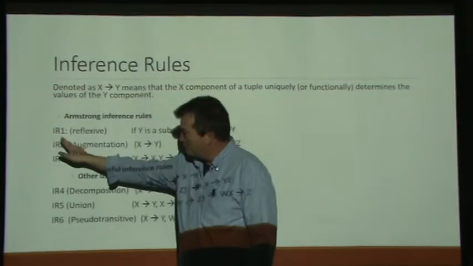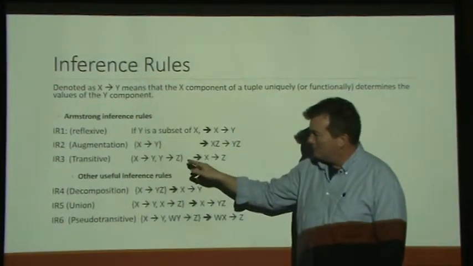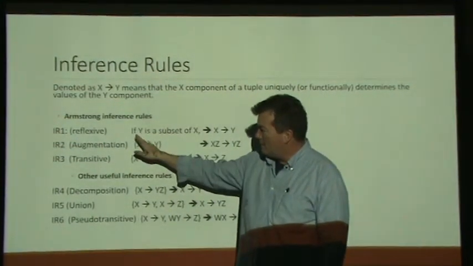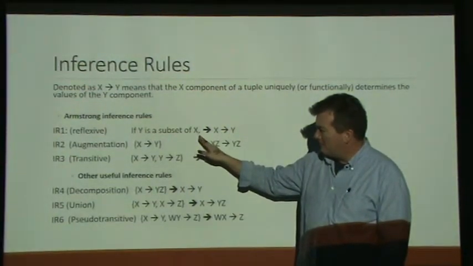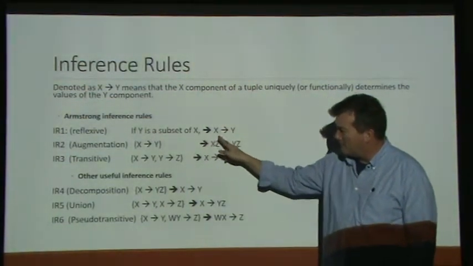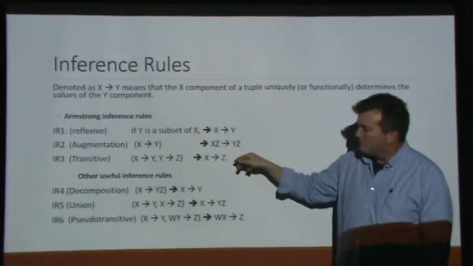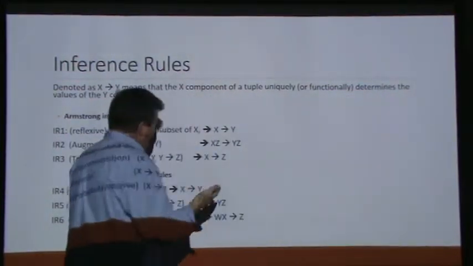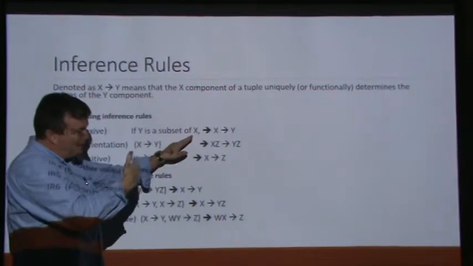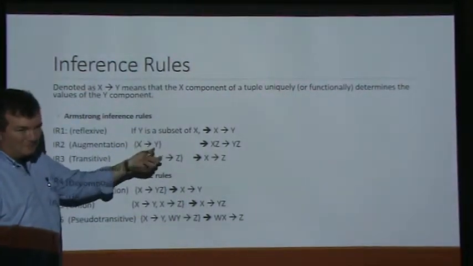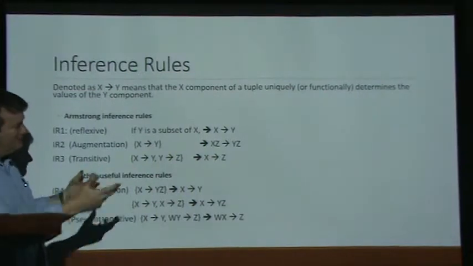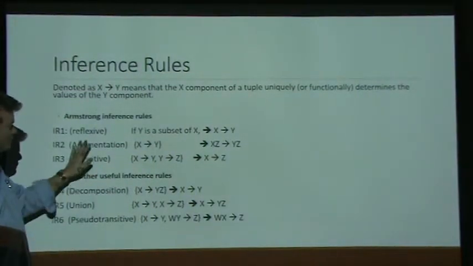Inference rule number 1 is the reflexive rule that says if Y is a subset of X, then given X, X would tell us what Y is. So in other words, if X was a set of columns, column A, B, and C, and Y is a subset of that, column B and column C, if you knew A, B, and C, you would know B and C. That's all intuitively true.